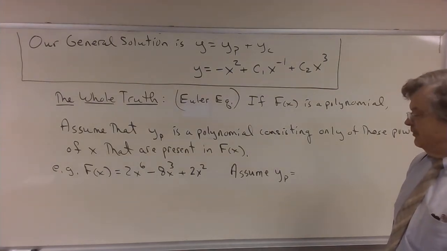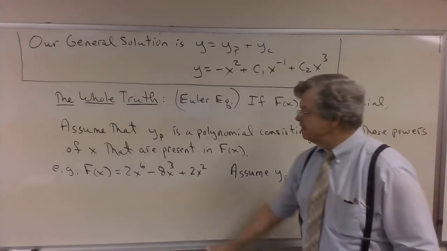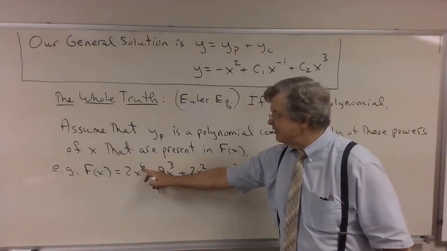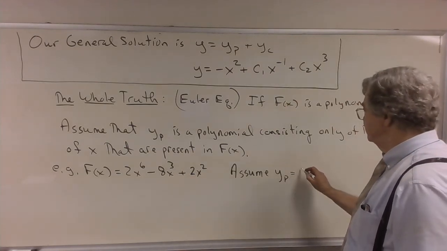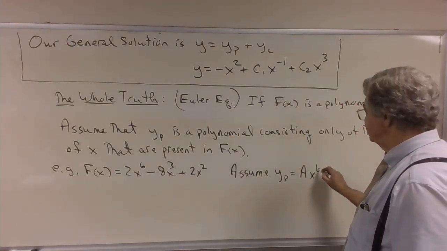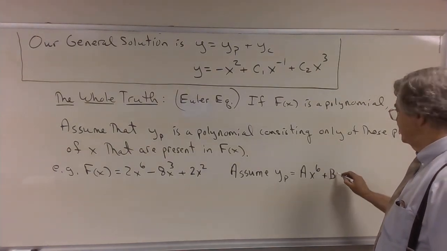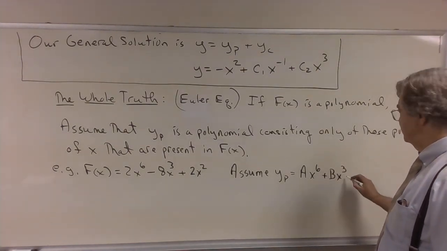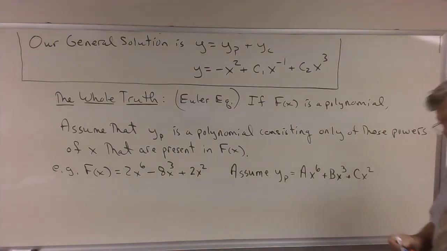Our particular solution, we assume, will have terms with powers of x to the 6th, x cubed, and x squared. So let's say ax to the 6th plus bx cubed plus cx squared.